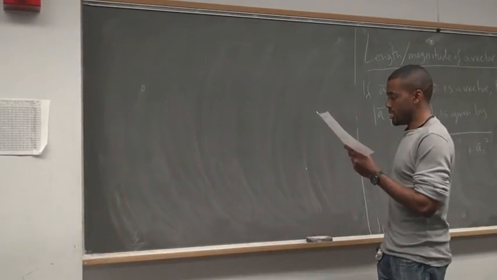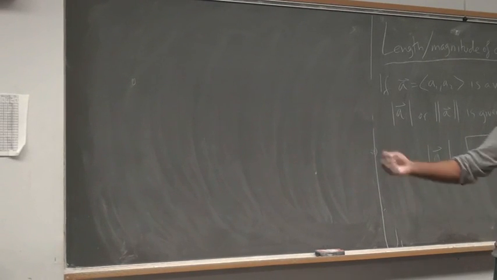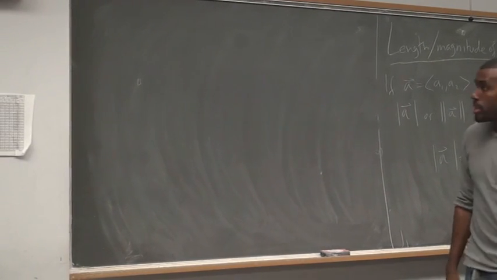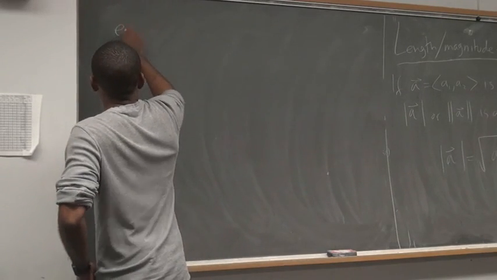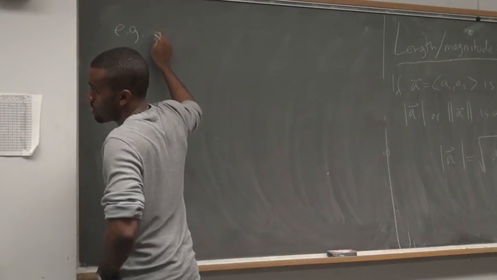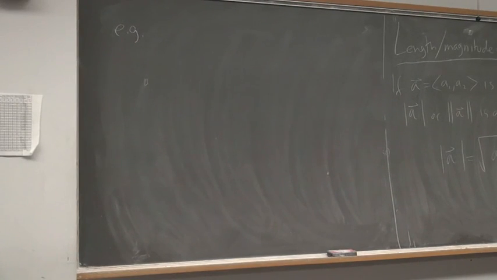Okay, what else do I need to tell you about vectors? I guess it would be nice if I actually gave some examples. And of course, this extends to 3 dimensions. If I had 3 components, I could just add or subtract component-wise.